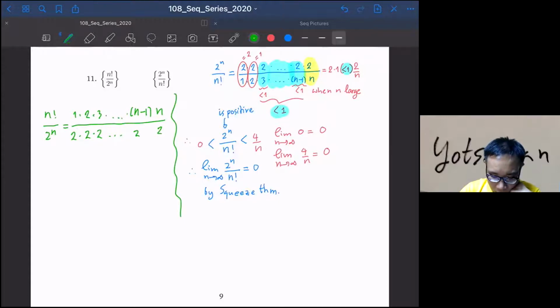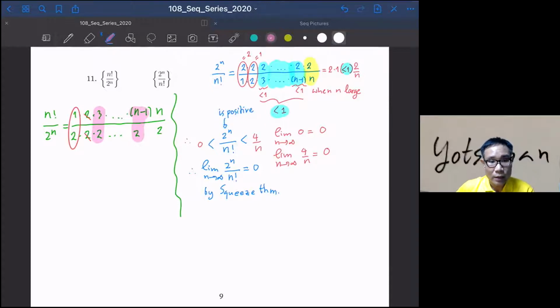So you see that the first term turned out to be 1/2, and 2 over 2, they cancel each other. And you have 3 over 2, up to n minus 1 over 2.